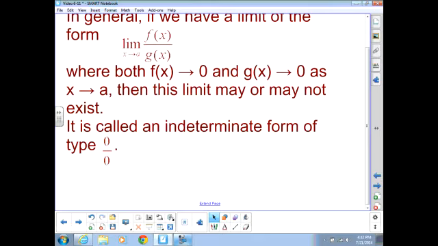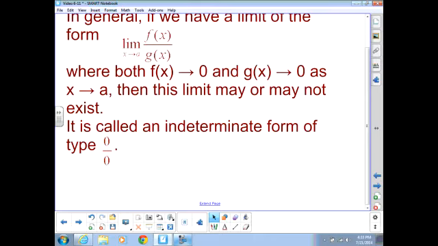If the numerator is going to 0 more quickly, basically we're getting really close to 0 on top, not quite as close on bottom, meaning the numerator is getting smaller more quickly, meaning the whole fraction is going towards 0.